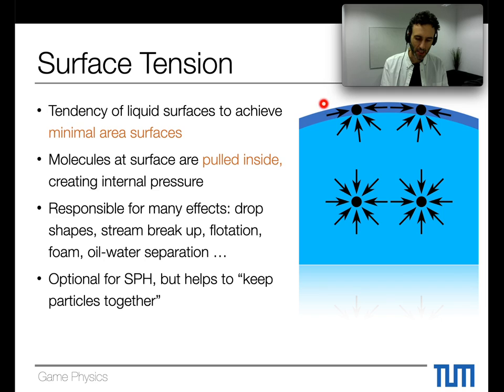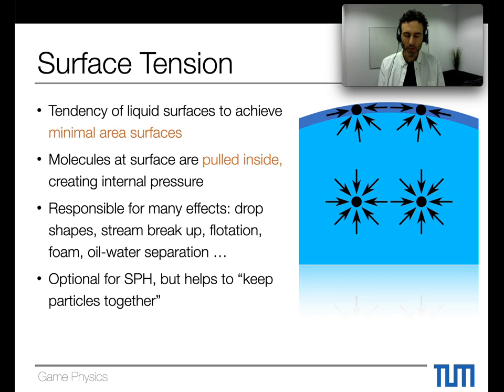So if any one particle at the surface here would move out, it would see even less of a neighborhood and then experience a corresponding force into the liquid, to pull it back in.